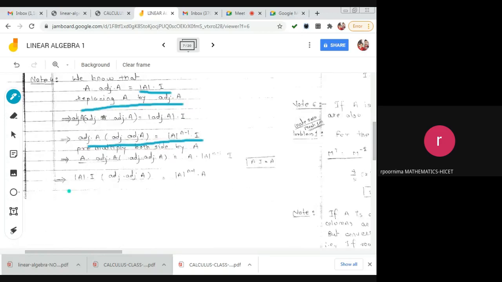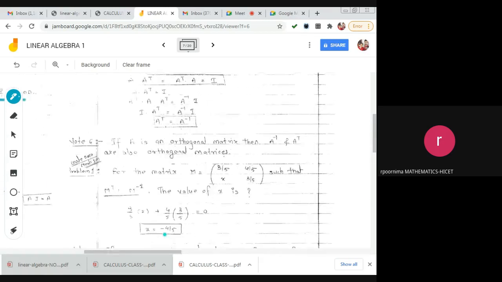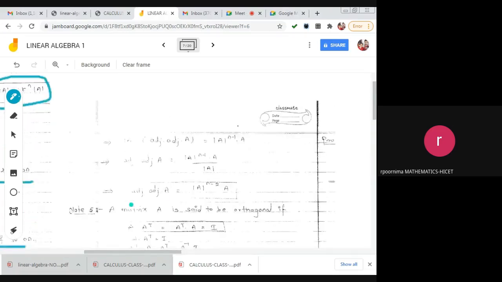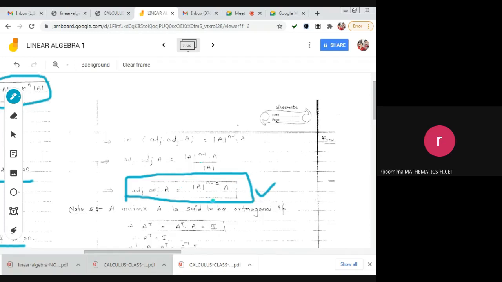So finally, you will be getting the result like that: determinant A into I into adjoint of adjoint of A is equal to determinant A to the power n minus 1 into A. So we are continuing this result to get the term adjoint of adjoint of A equal to determinant A to the power n minus 2 into A. One result. Okay. So you have to remember all these results. While solving the problem, you will be using these results.